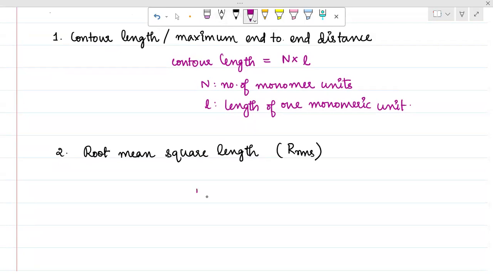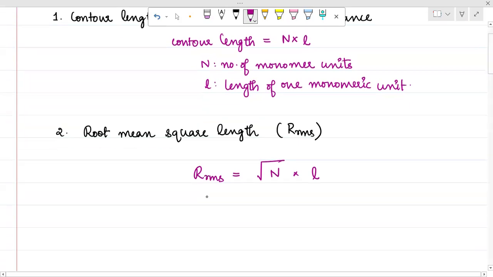Root mean square length, R_RMS, is just root of number of monomeric units into L. N again denotes the number of monomer units throughout whatever terms we write, and L corresponds to the length of one monomeric unit. Okay, so that's all about R_RMS, root mean square length.